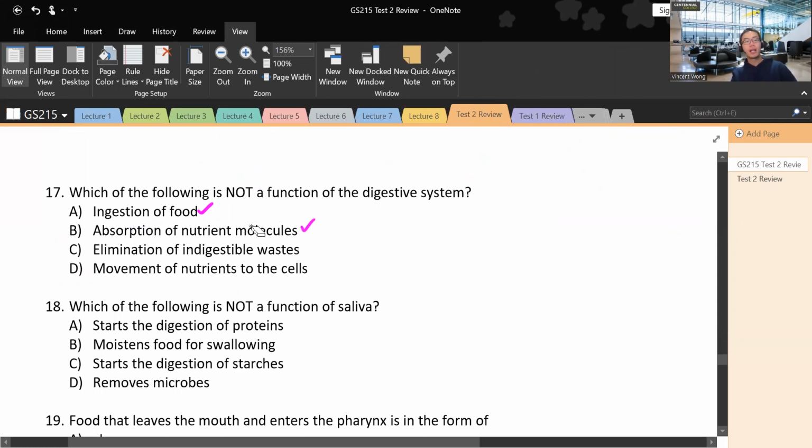That occurs at the jejunum and the ileum. Elimination of digestible waste, that happens at the colon. Movement of nutrients to cells. That's not a function of the digestive system. That's just something that happens as a result of membrane transport, right? That you learned last semester.